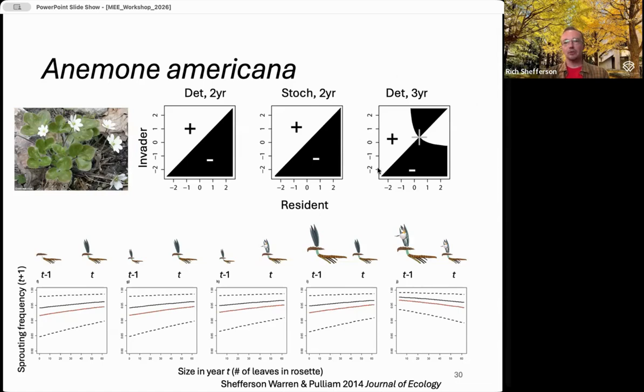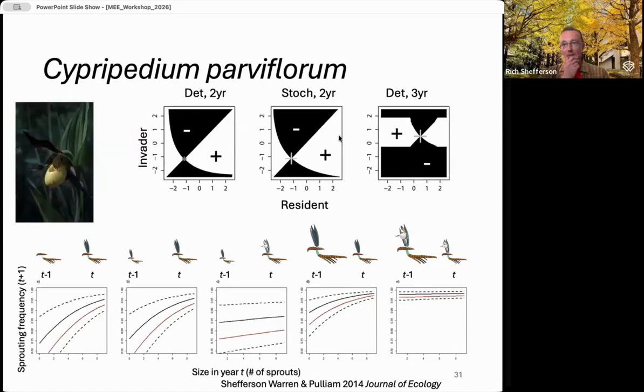In the case of Anemone americana, this is showing you the results. This is a deterministic 3-year plot. And this is showing that we have an ESS additive deviation to the y-intercept for sprouting, which is what I was working with here, suggesting that maybe this cost of growth actually works. But the key example I wanted to work with that I incorporated into the paper is this one for Cypripedium parviflorum.